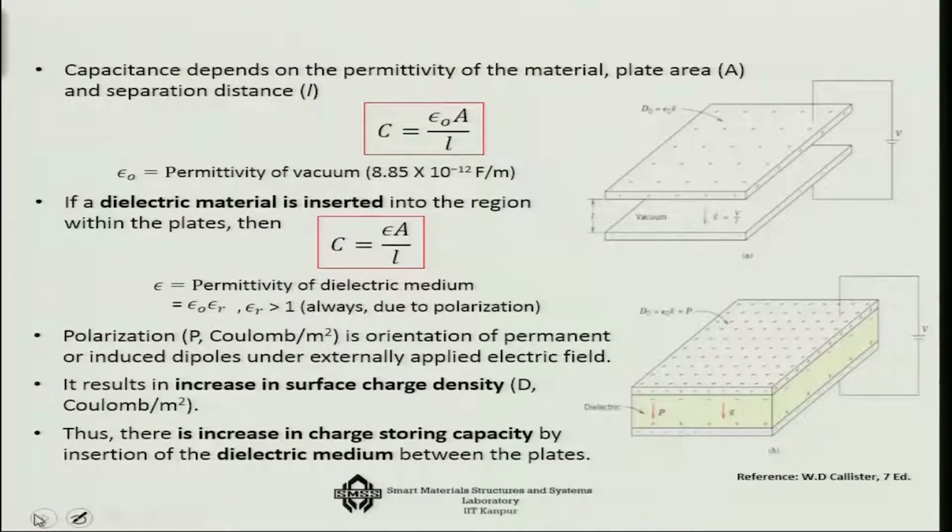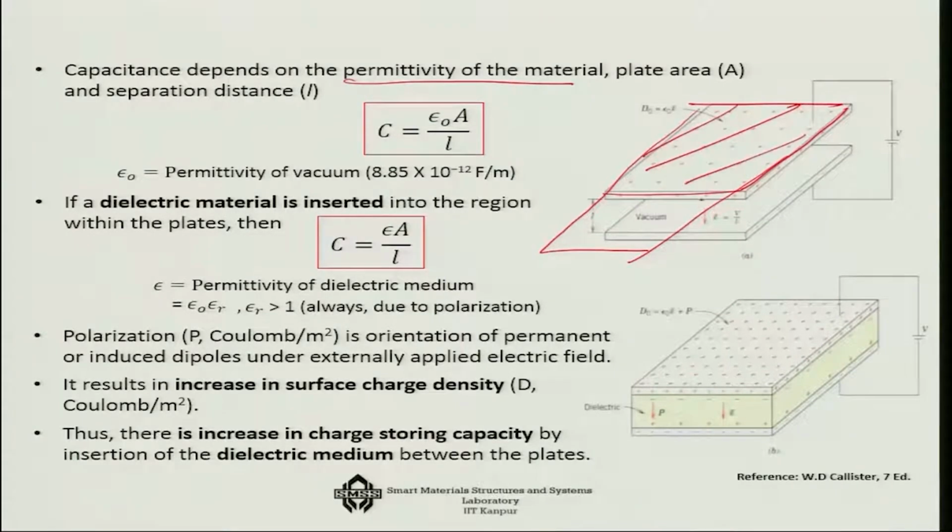Now, the capacitance depends on the permittivity of the material and on the area of the plate. When you calculate the area of the plate, you have to find the common area. Suppose this plate is slightly bigger, in that case the overlapping area will still be this much with the plate at the bottom.